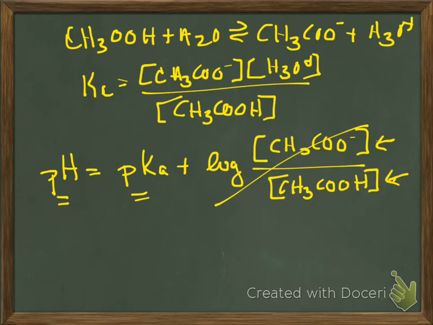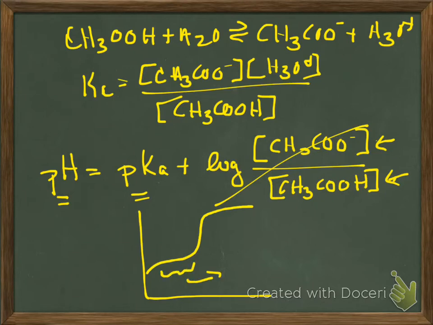On a titration curve, you would have a weak acid, okay? Your buffer region is here. And the point here is when the concentration of your anion is equal to your acid, and this is known as the half equivalence point.